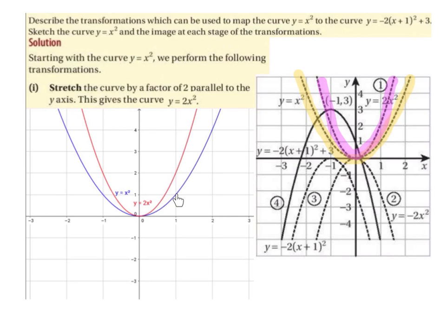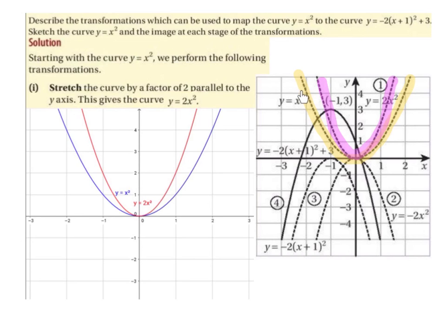Say for example this coordinate here, which is the point 1, 1, the y value has been multiplied by 2, giving us the point 1, 2. Then let's say this point here, which is 2, 4. The point on the graph y equals 2x squared would be 2, 8. So the y value is multiplied by 2: the 4 multiplied by 2 gives us 8.